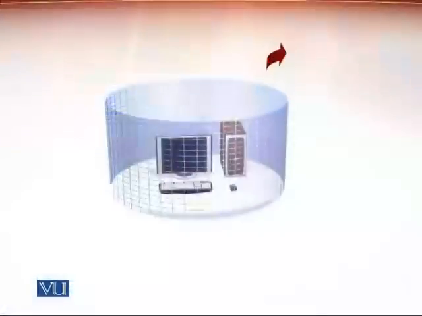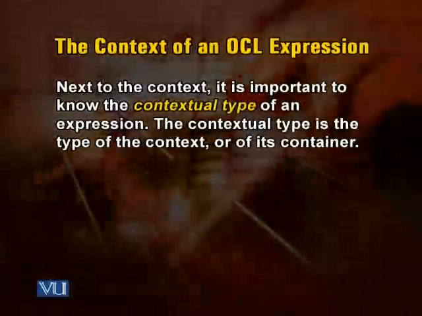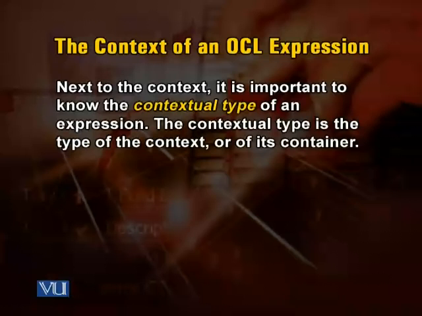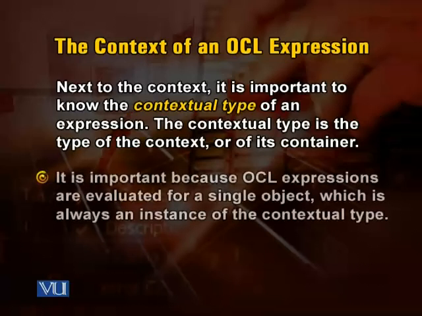at an example. Next to the context, it is important to know the contextual type of an expression. The contextual type is the type of the context or of its container. It is important because OCL expressions are evaluated for a single object, which is always an instance of the contextual type.